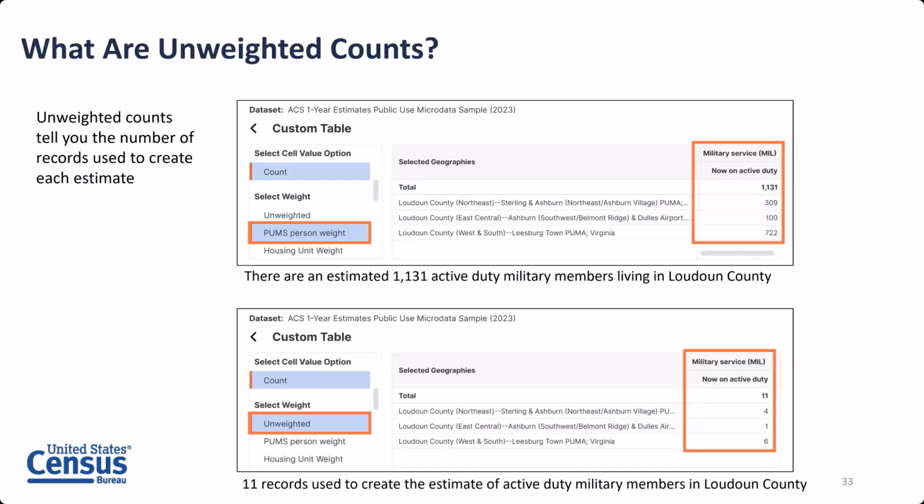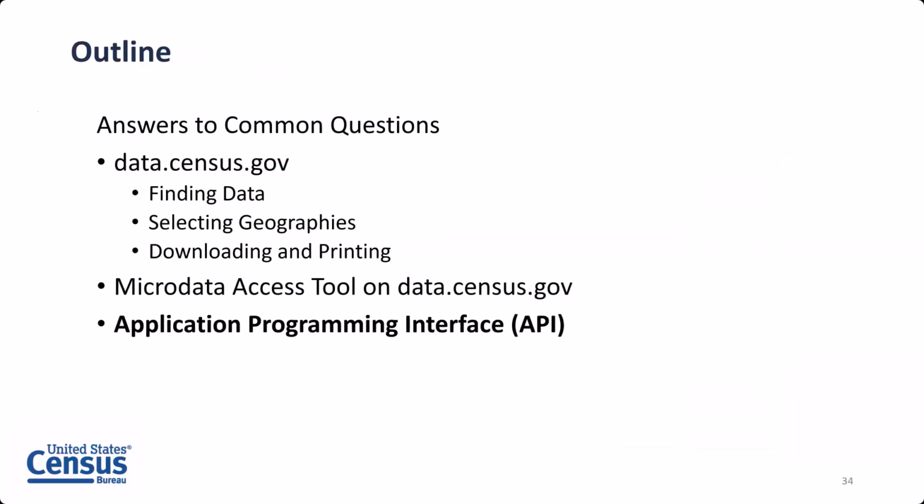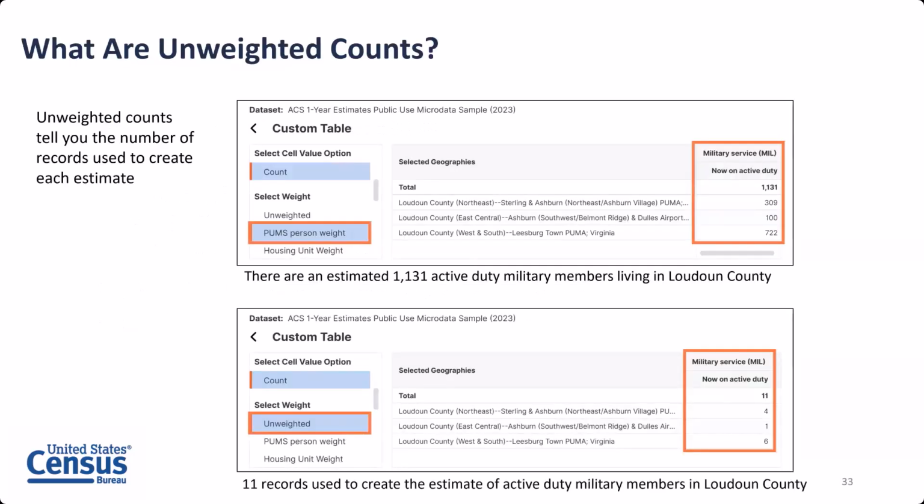So the unweighted count just gives you a data quality measure that may be useful when you're trying to interpret the data from MDAT, especially because MDAT doesn't allow you to calculate and show margins of error for these data. And then also, based on this information, you may decide you want to use a larger geography or perhaps switch from ACS 1-year estimates to ACS 5-year estimates.